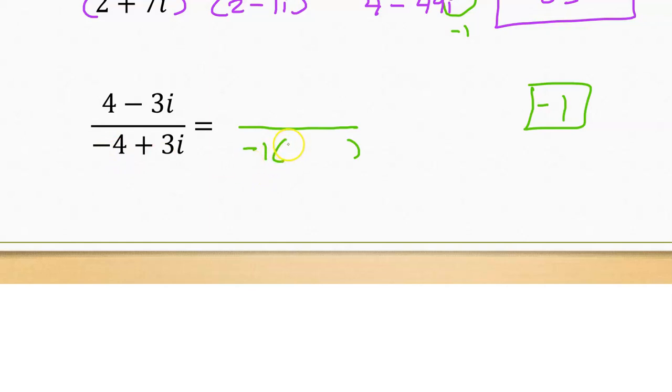Can you see that that's going to leave behind positive 4 minus 3i if I take out the negative 1? Okay, and then in the numerator, I have 4 minus 3i. So you can see that the 4 minus 3i and the 4 minus 3i, they just cancel each other out. And that's why the answer is negative 1. So that would be the smart way to do it.